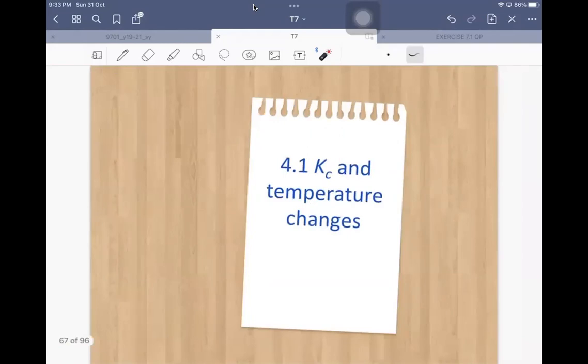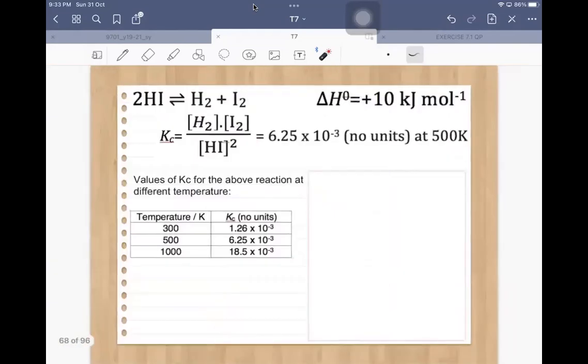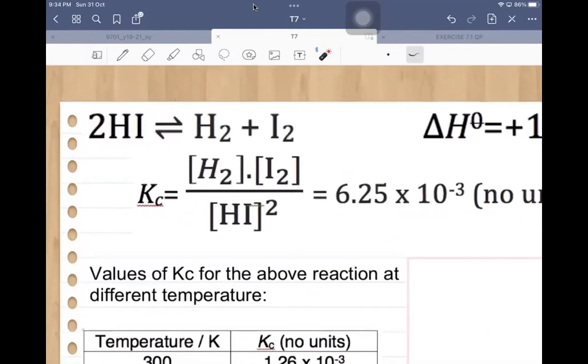So we're going to look at Kc and the temperature changes. So this is a system of equilibrium. If it's in a dynamic equilibrium, we should assume that it is in a closed system, and the enthalpy change of this system is positive 10 kilojoules per mole. This means that because it is an equilibrium, we have a reversible reaction.